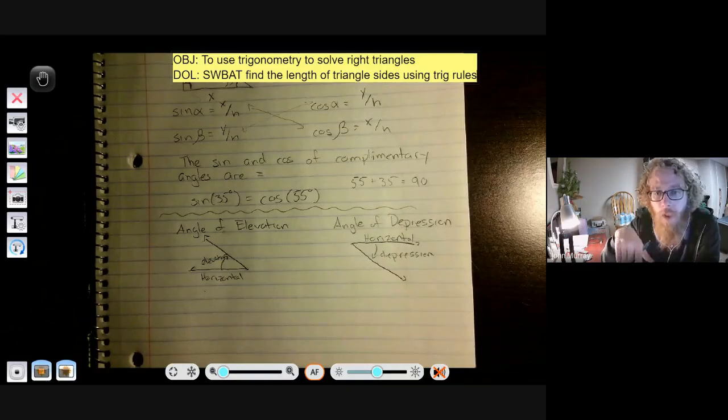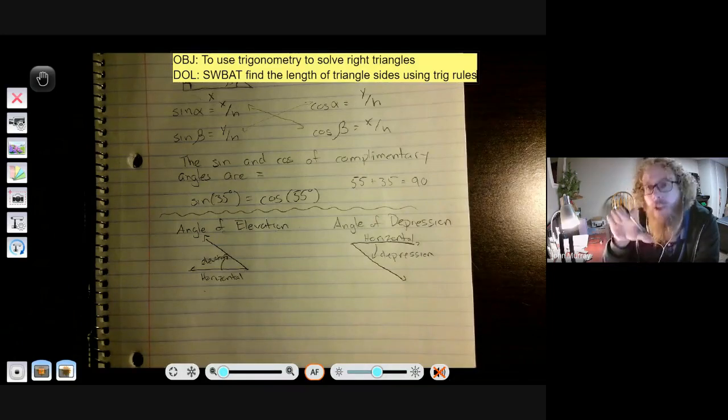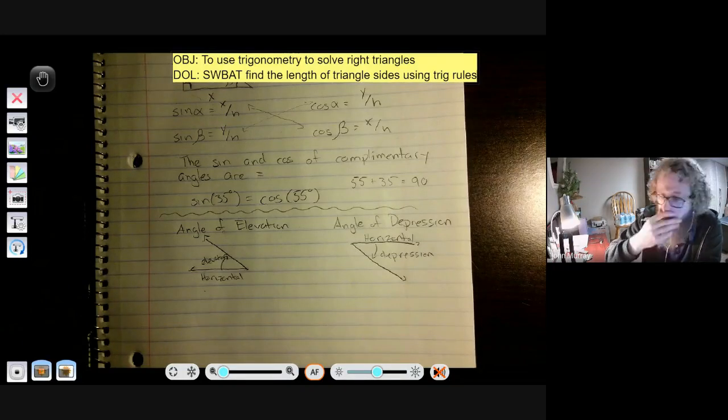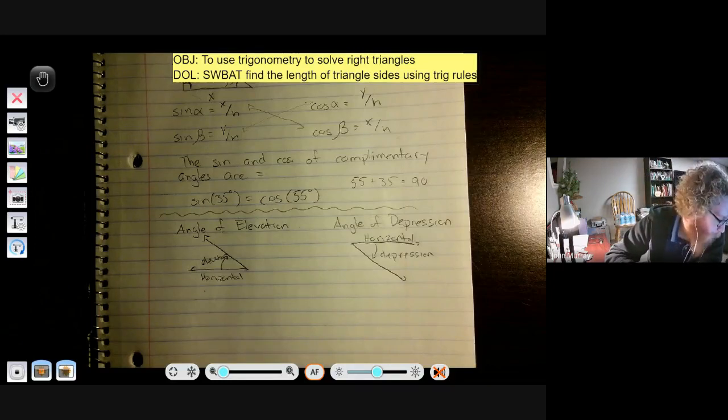If you're flying and you're looking down at the ground, you're looking 20 degrees at an angle of depression. That means 20 degrees from where you're traveling in a horizontal direction. So you might see these words pop up, especially when we're dealing with our word problems. So it is good to know those.